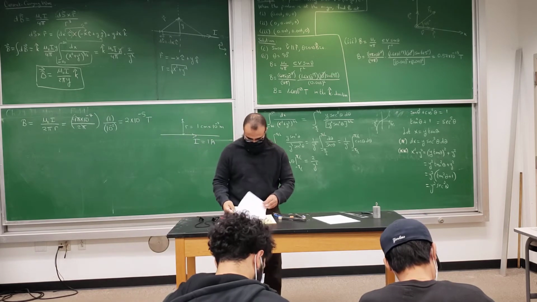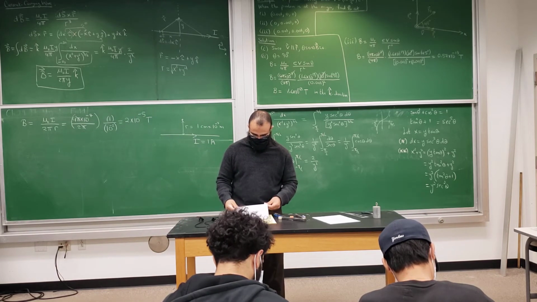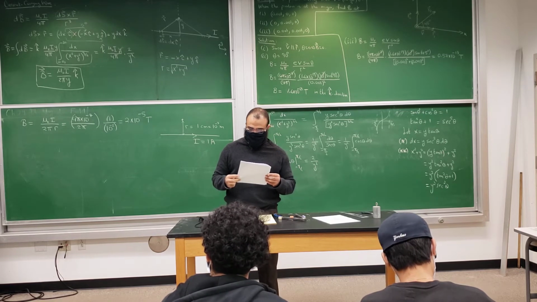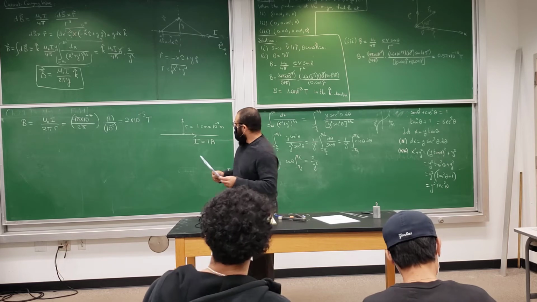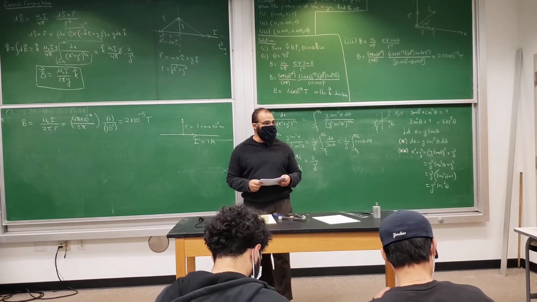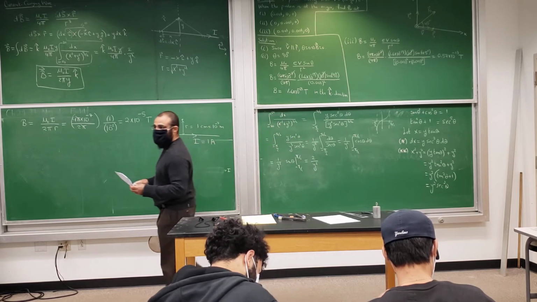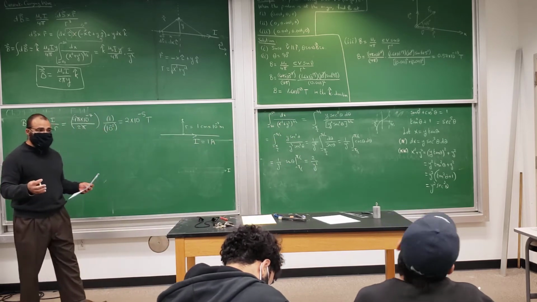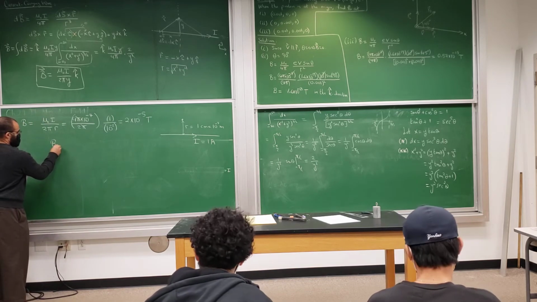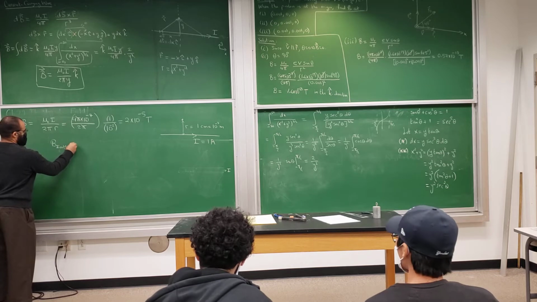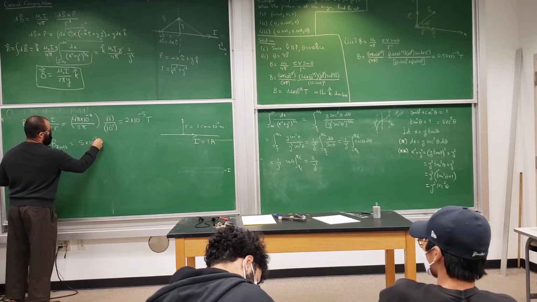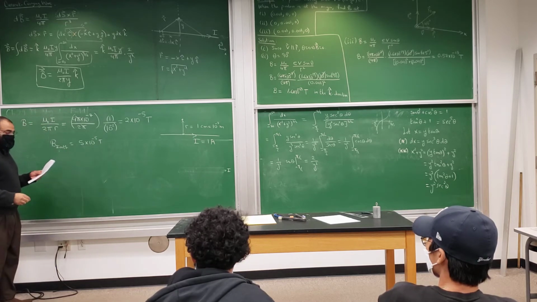So, is it large? Is it small? Well, the Earth's magnetic field, because of which the compass needle points north, is pretty weak, about 5 times 10 to the minus 5 Tesla. Okay.